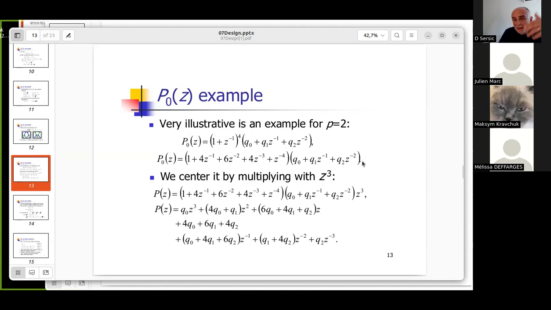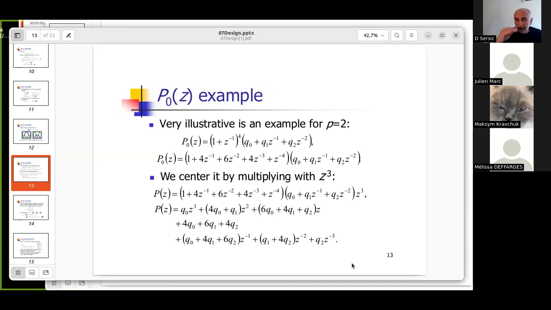We still have unknown coefficients of the Q polynomial, so we have to multiply it together. This part has 1, 2, 3, 4, 5 terms, and the other has 3 terms. So altogether we have 15 terms after multiplication. Here you can see the 15 terms.